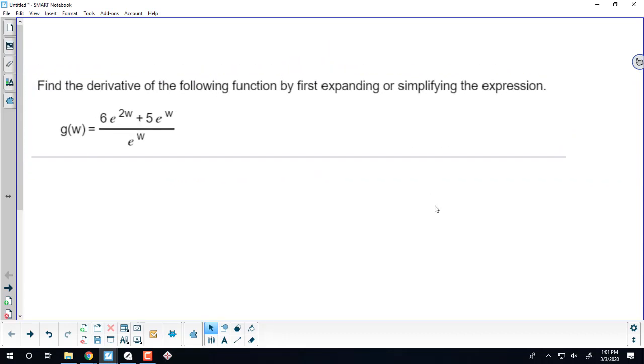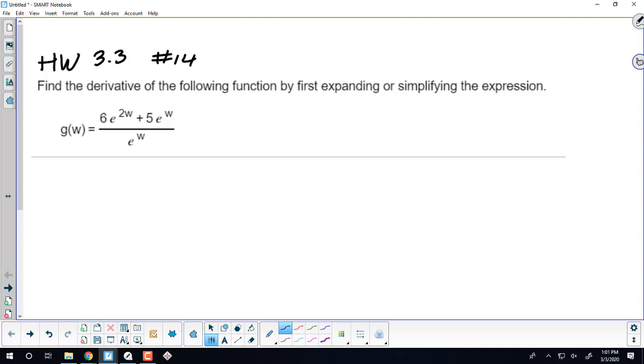It says, this is from 3.3, but find the derivative of the following function by first expanding or simplifying the expression.